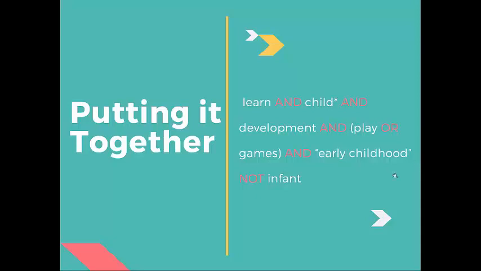So for example, the way we have it formed now, we have child with the little asterisk and development. That doesn't necessarily mean we'll get back childhood development or that child and development are going to be next to each other within our results. However, with early childhood, since we have put them together within those quotation marks, it is going to look for those two words together.